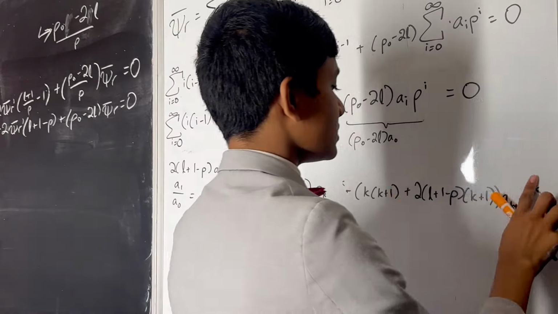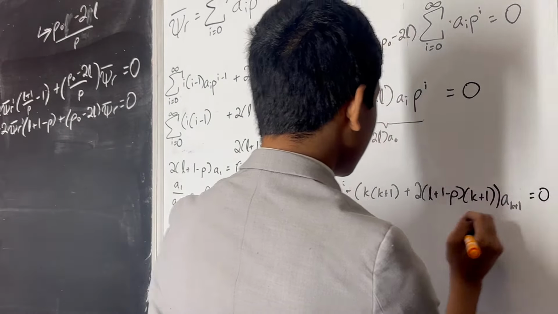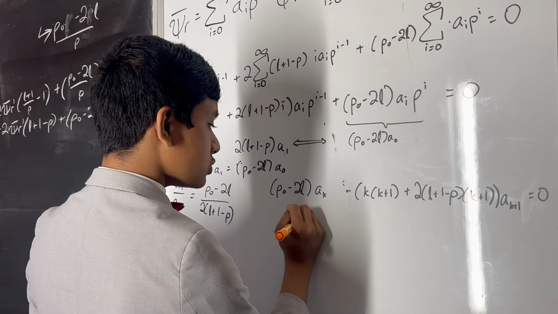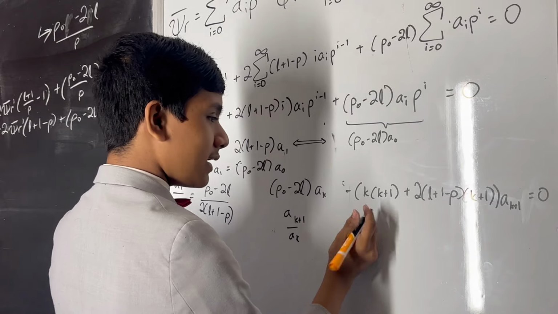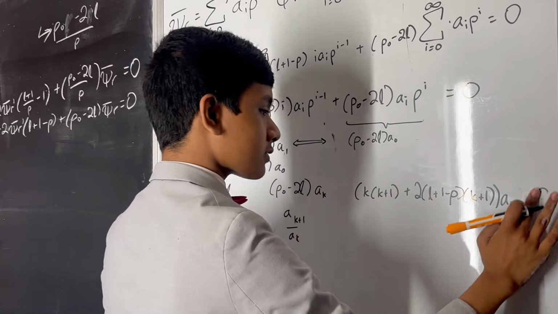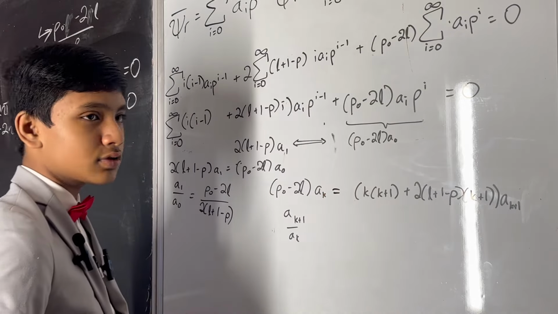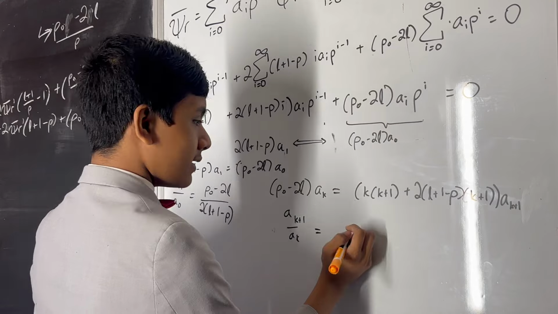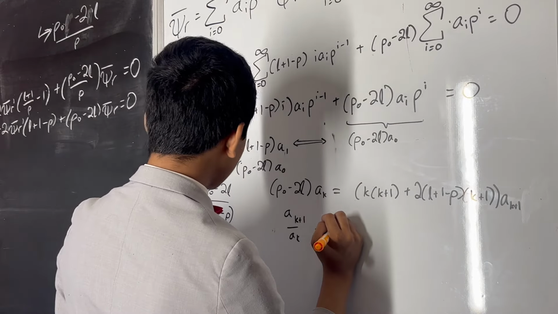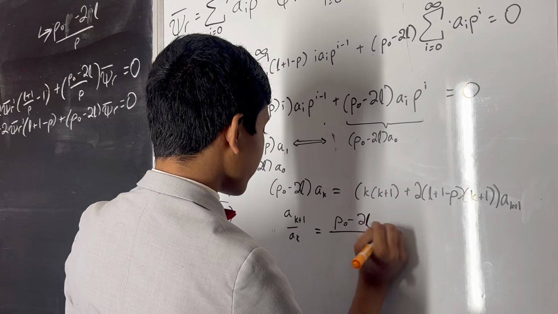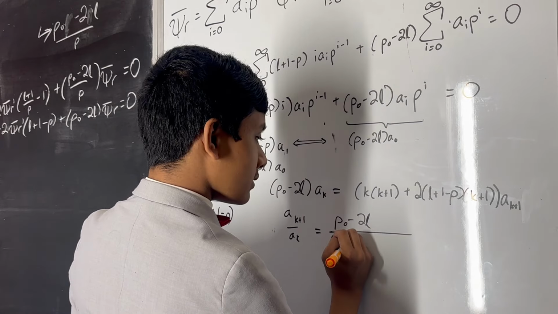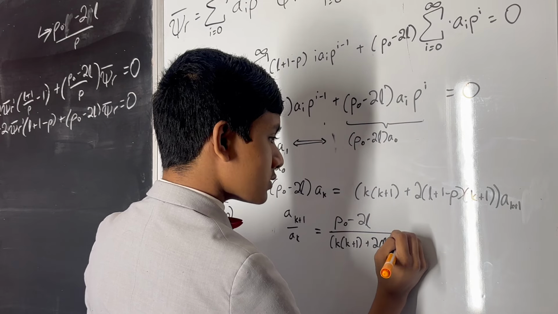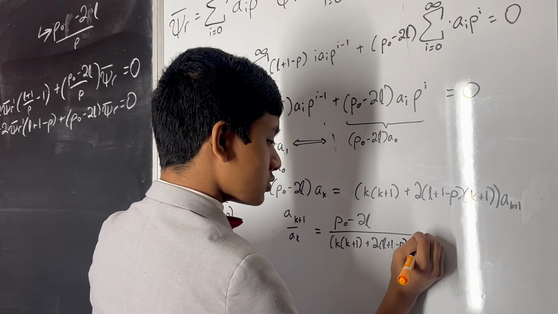So that means this has to be equal to 0, and hence a_(k plus 1) over a_k, you move this to the other side, so these two are now equal to one another. So a_(k plus 1) over a_k is now equal to (rho naught minus 2L) over k times (k plus 1) plus 2(L plus 1 minus rho)(k plus 1).